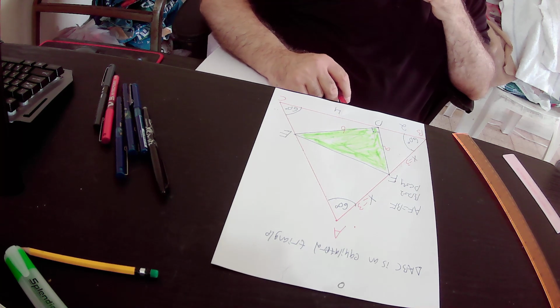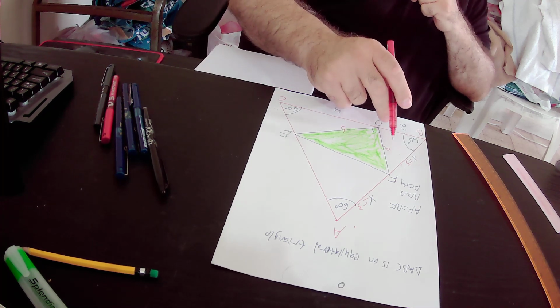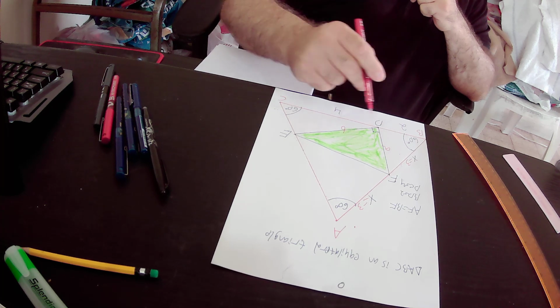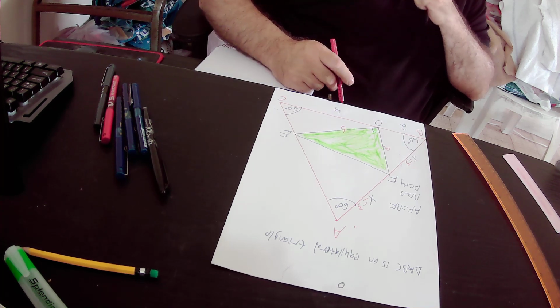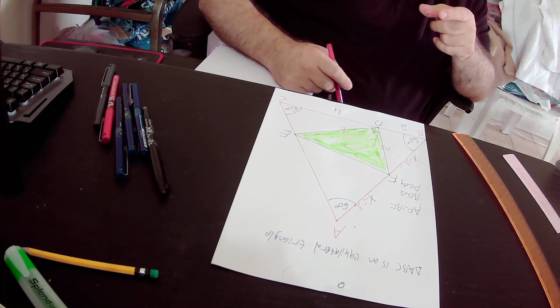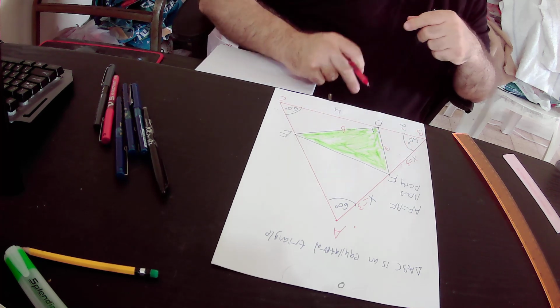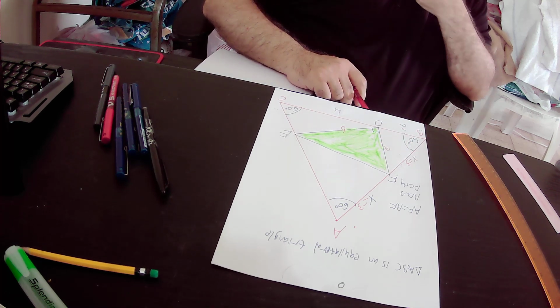The only thing that we have to find in order to find the area of the green triangle is the values of A and B. In order to find the value of A, that is FD, we will implement the law of cosines.